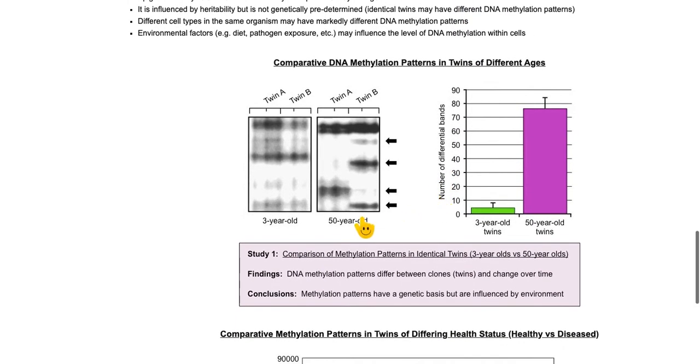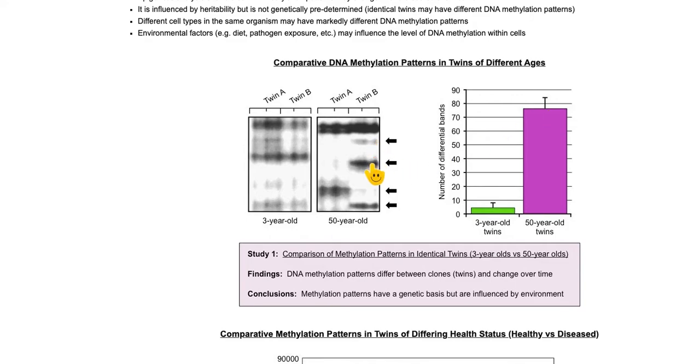But notice that in the study done in 50-year-old twins, notice here, here, and here, and here, how the methylation patterns are different, right? So there's a lot of methylation, and here in this bar graph, it shows you a high level of differential bands.